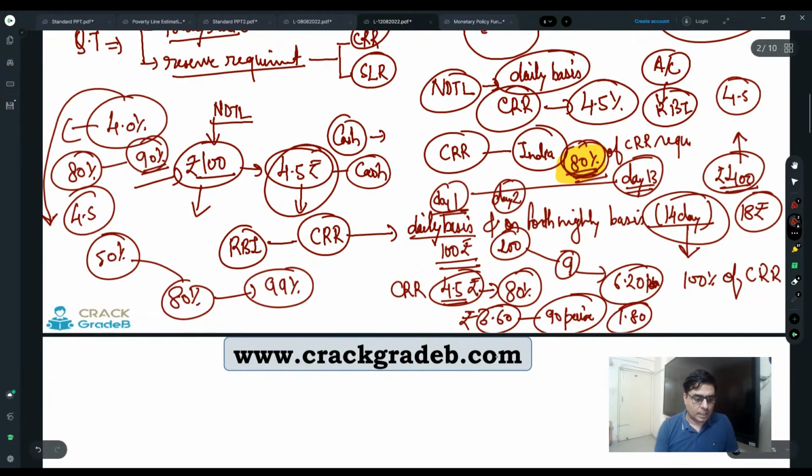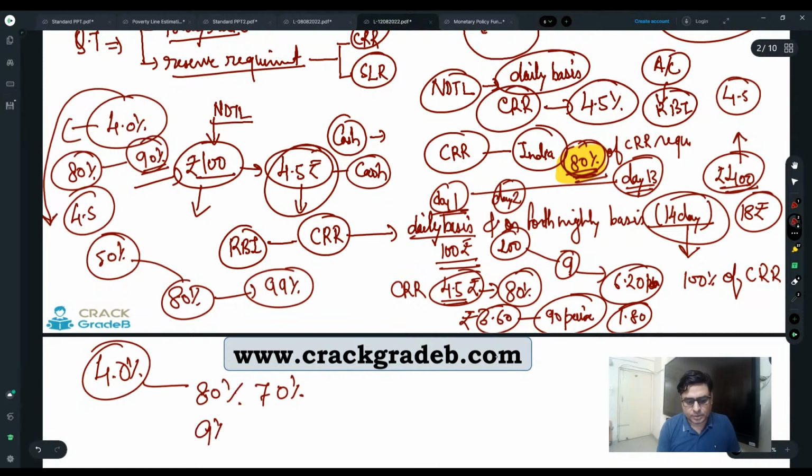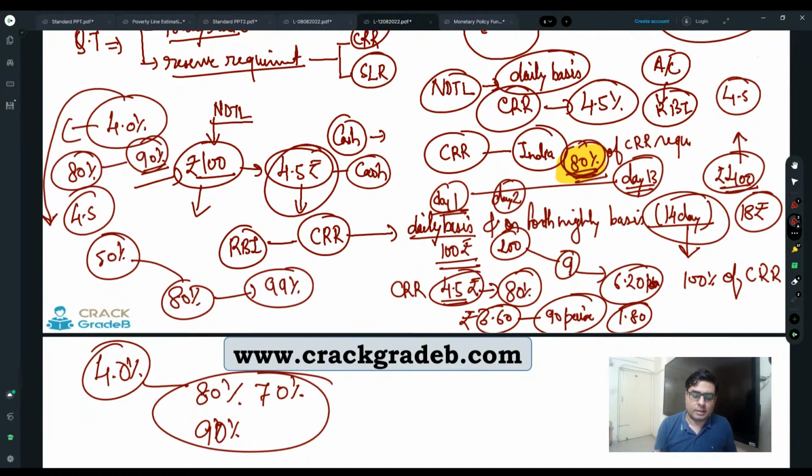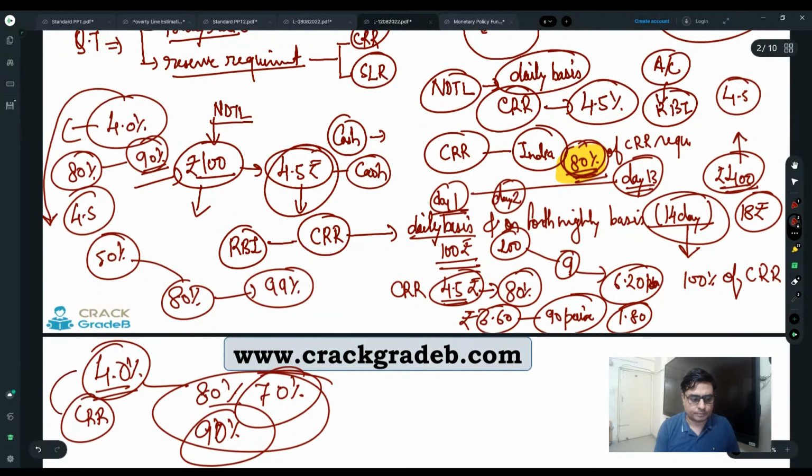Because even with the 4%, sometimes 80%, sometimes 70%, sometimes 90% you have to maintain. When RBI feels less liquidity should be available, they make it 90%. When RBI feels more liquidity should be available, they make it 70%. So they are not changing this CRR percentage.